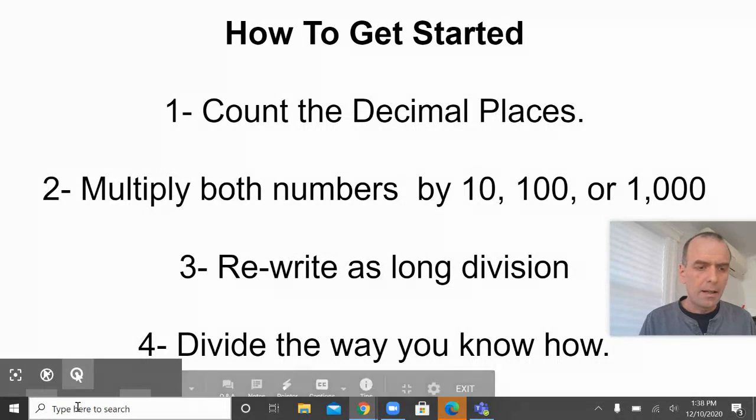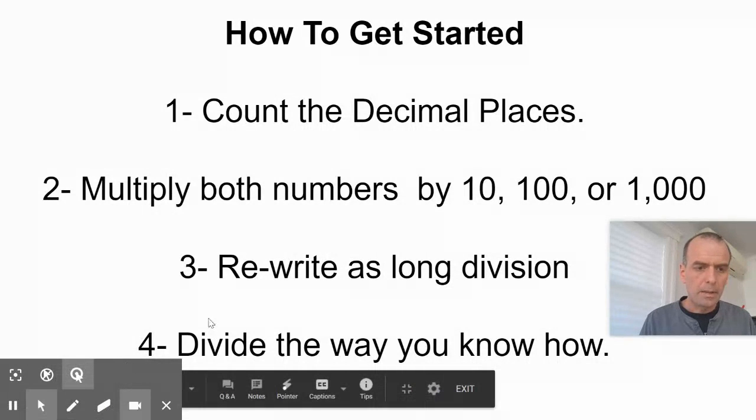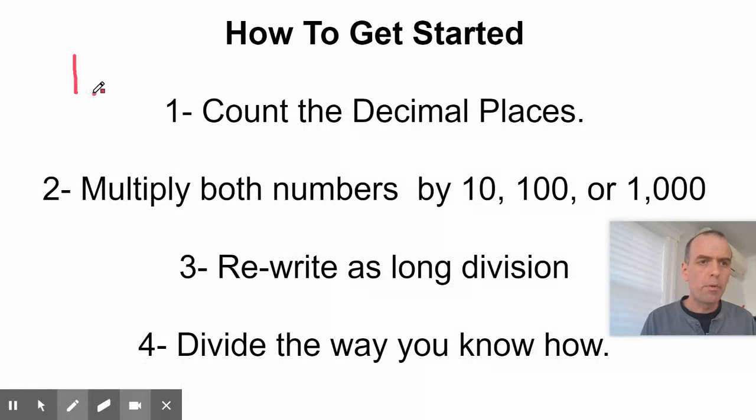So when there is a number like 1.61, what I mean by count the decimal places is how many digits are after the decimal. So here, 1, 2, there's 2 decimal places, okay? You're going to choose the number with the most digits to the right of the decimal.